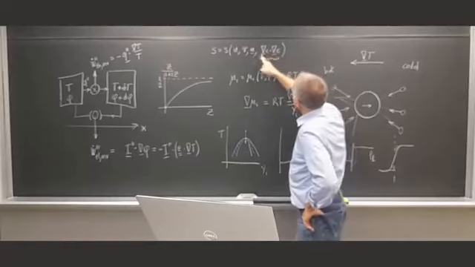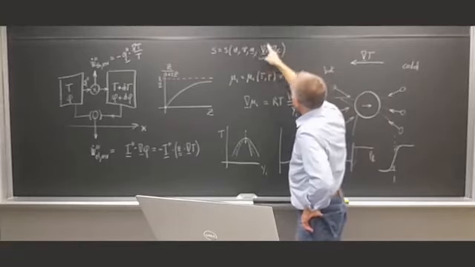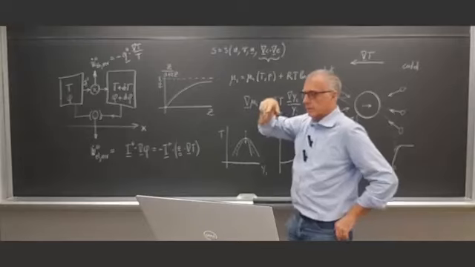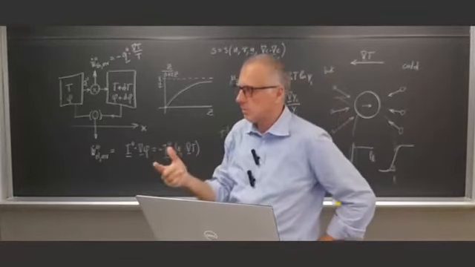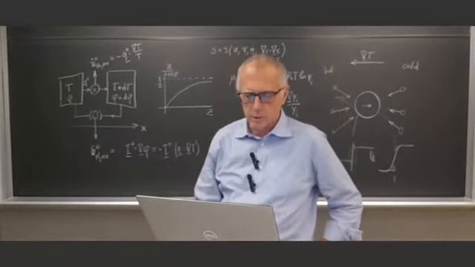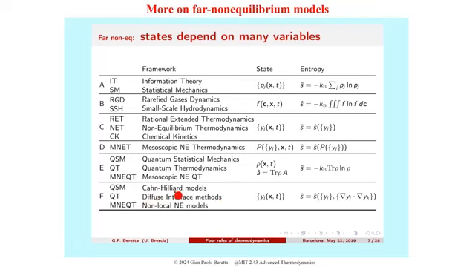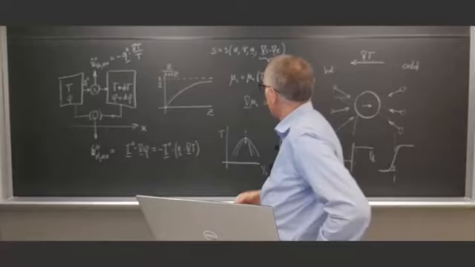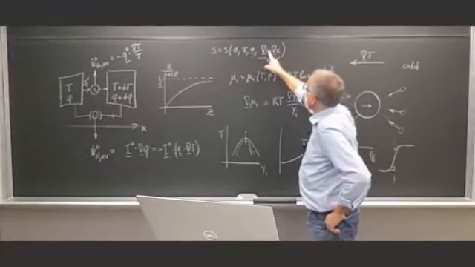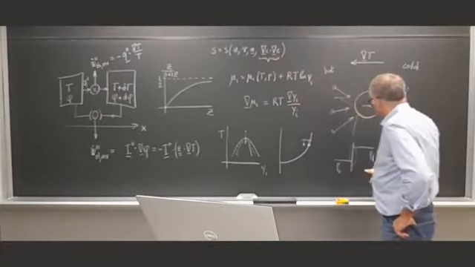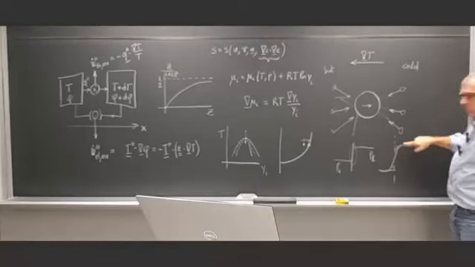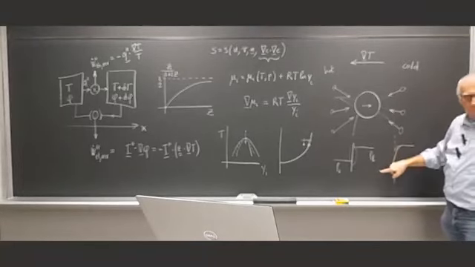Well, this theory here has been developed by Landau. This has now become known as Cahn and Hilliard models, or diffuse interface methods. With that thing, you can predict the exact shape of this curve at equilibrium.